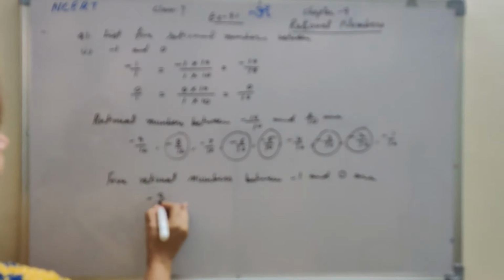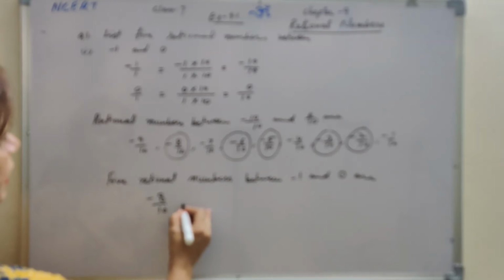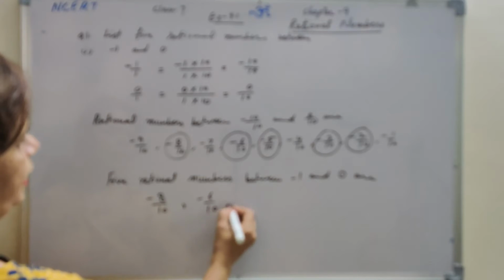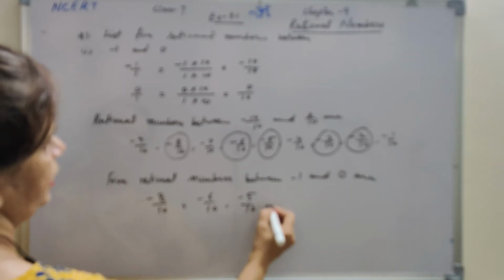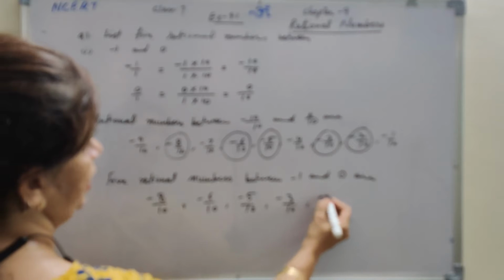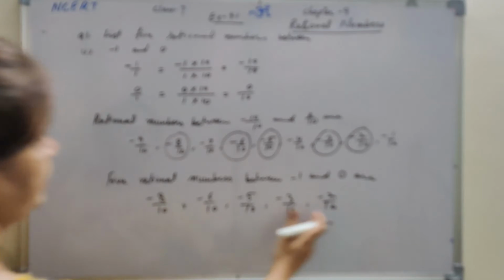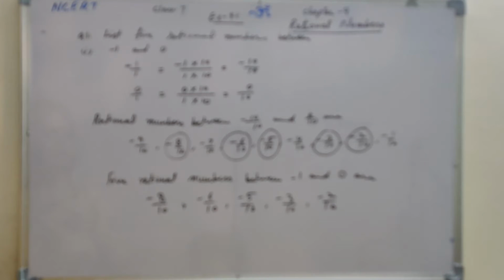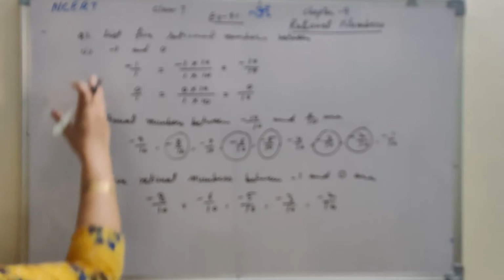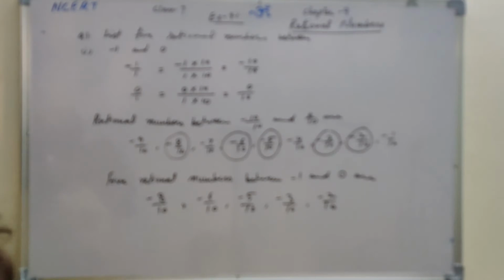So I have taken minus 8 by 10, minus 6 by 10, minus 5 by 10, minus 3 by 10 and minus 2 by 10. These are the 5 I have taken. Understood? So this way we can find out the rational numbers between the two given numbers.